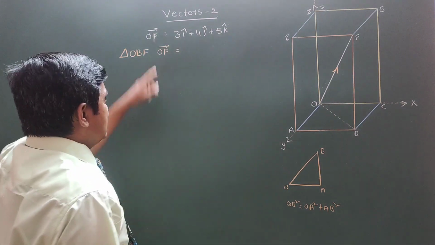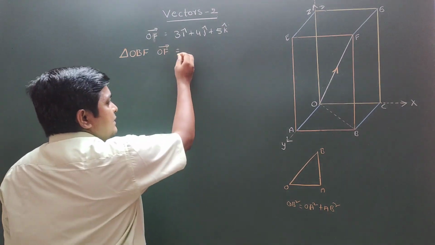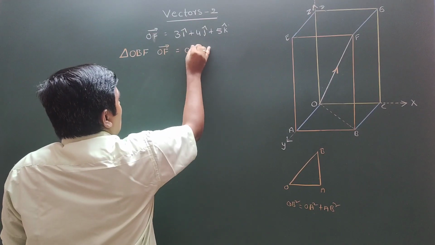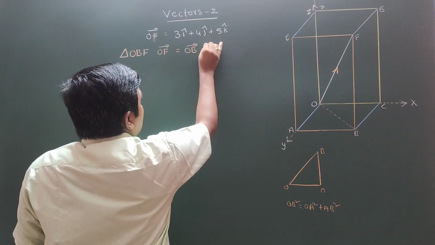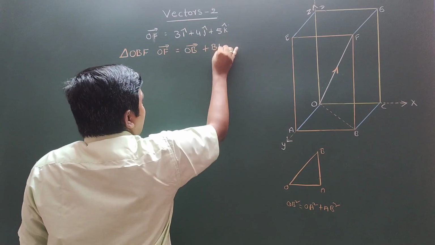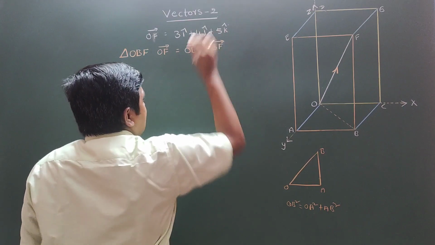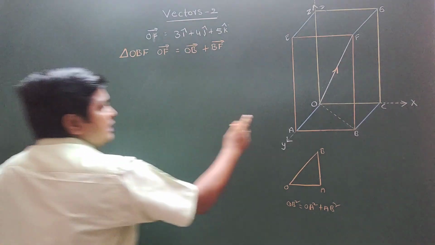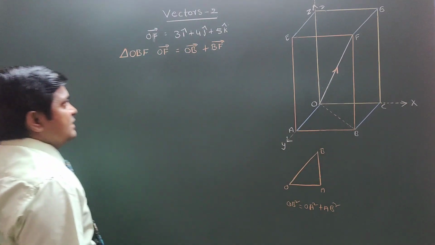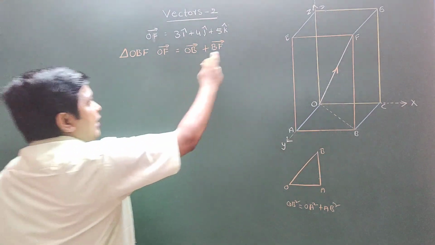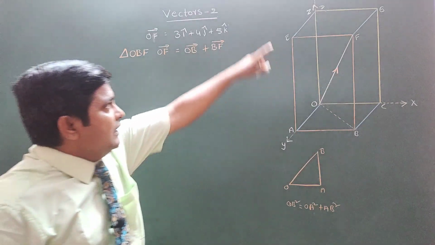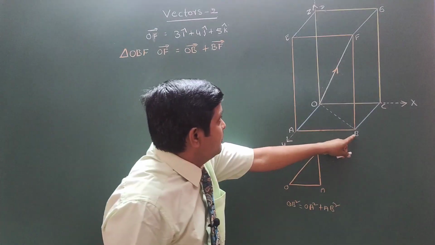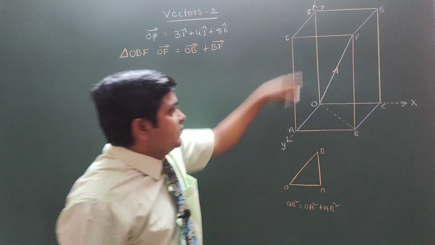it is nothing but the result. OF bar is the result of OB bar plus BF bar. Now what is OB? So BF, B to F, is nothing but one dimension. It is parallel to the Z axis. See that B to F is parallel to the Z axis.